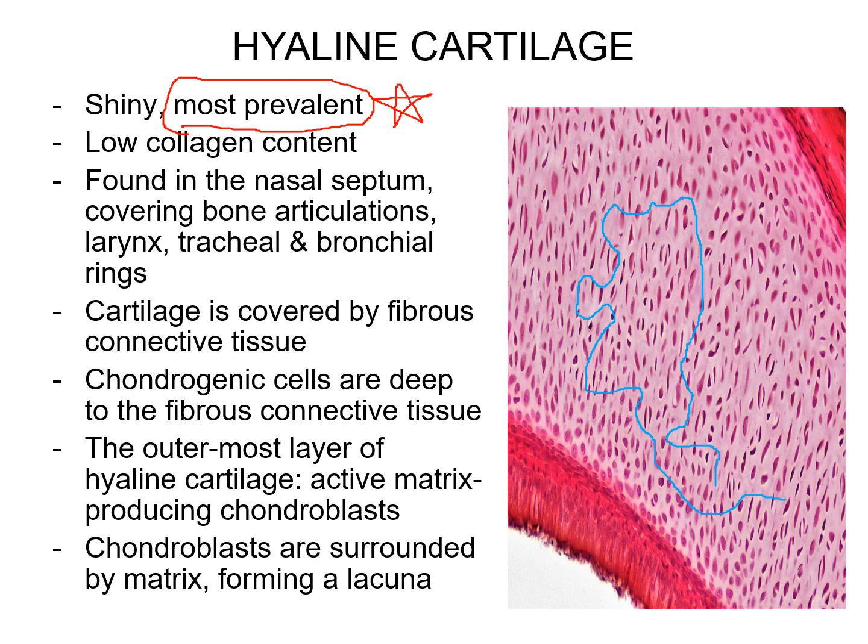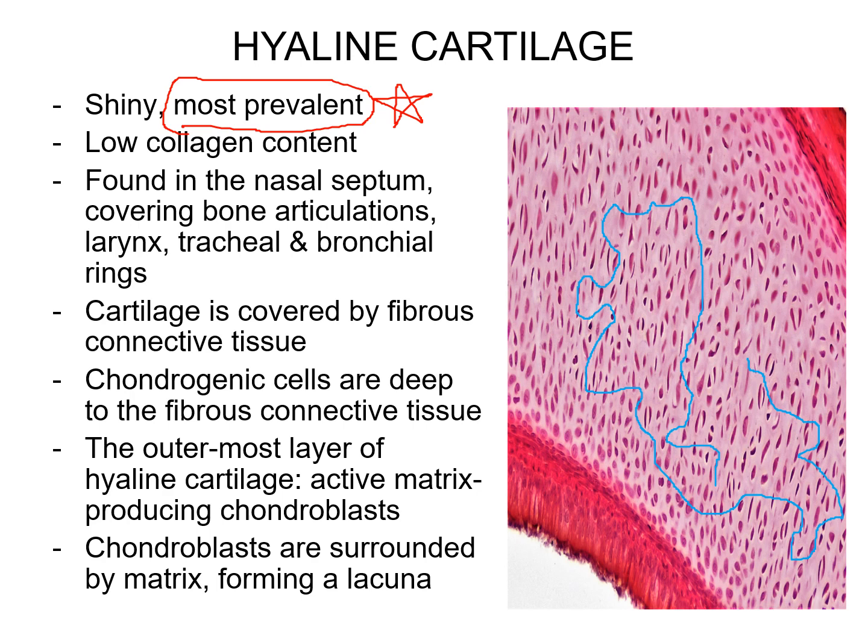But still, you can kind of weave this blue line all over the place and find smooth areas where there are no cells. So once again, that's called the matrix, and it gives us this smooth, glassy-like appearance. And what that allows us to do is create a smooth surface so there's no friction with anything that's bordering it or touching that cartilage.